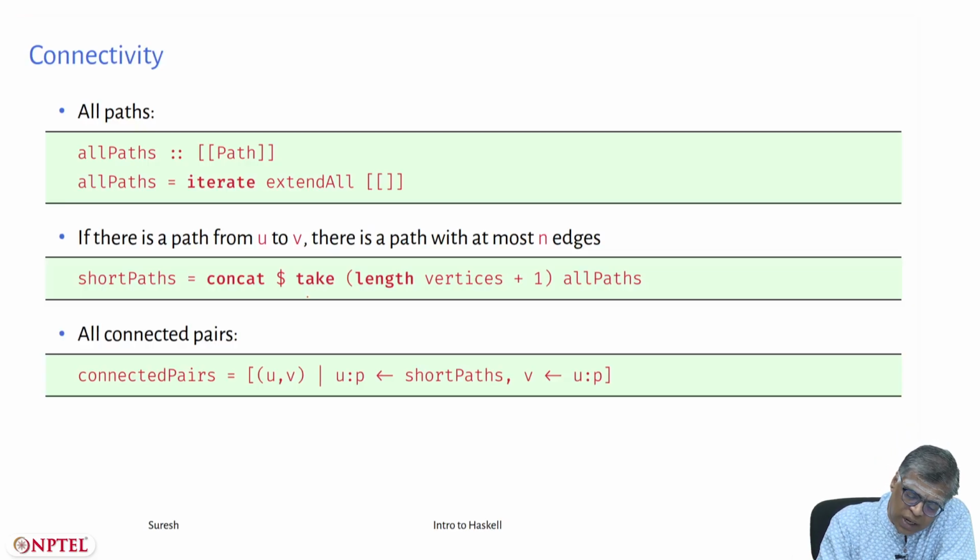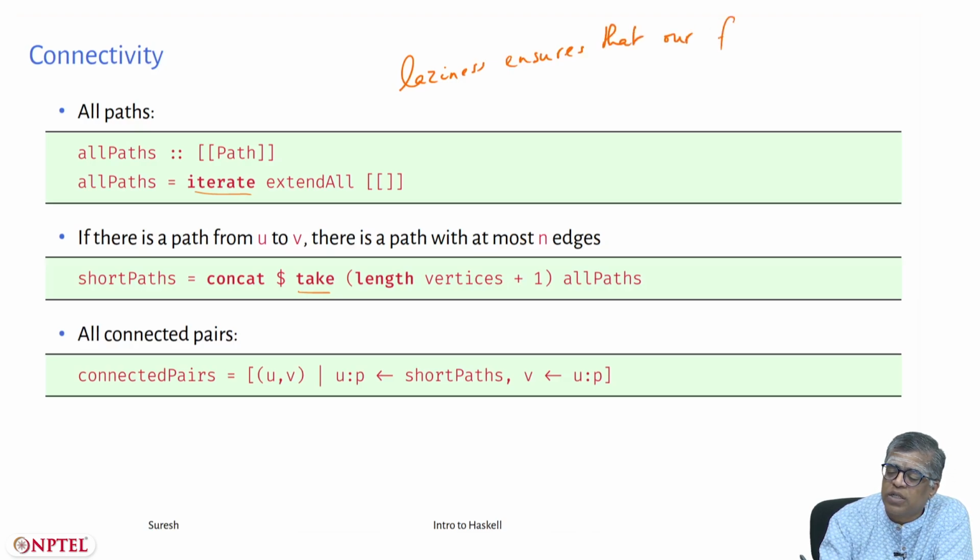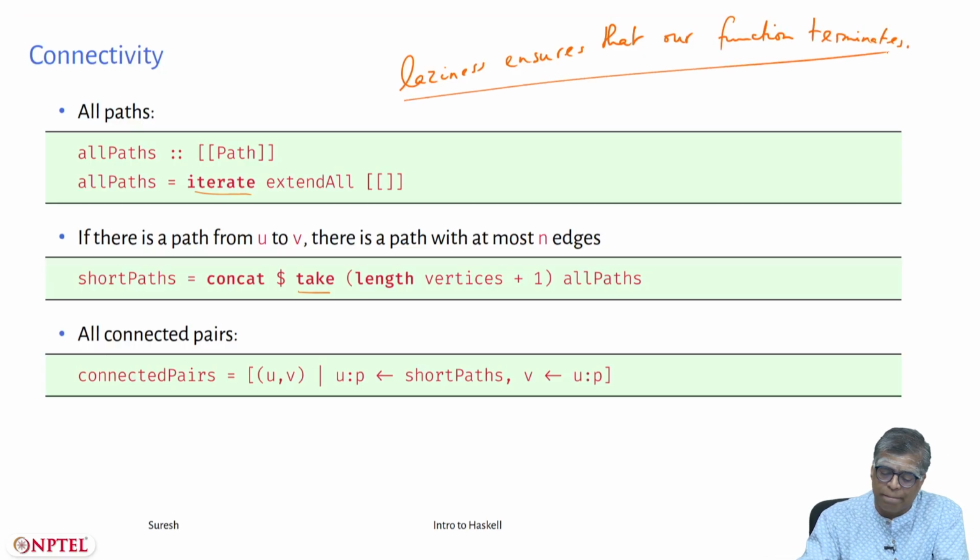So take is lazy, iterate is lazy, and all this laziness ensures that our function terminates. This is the important lesson.